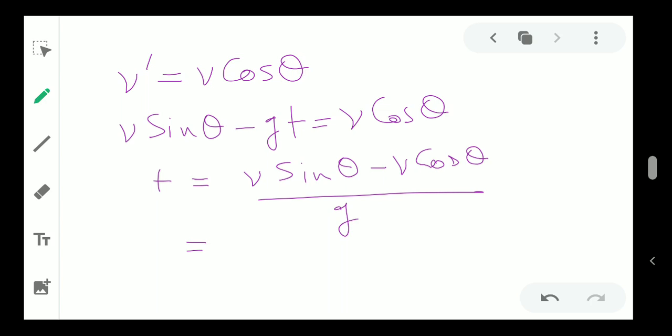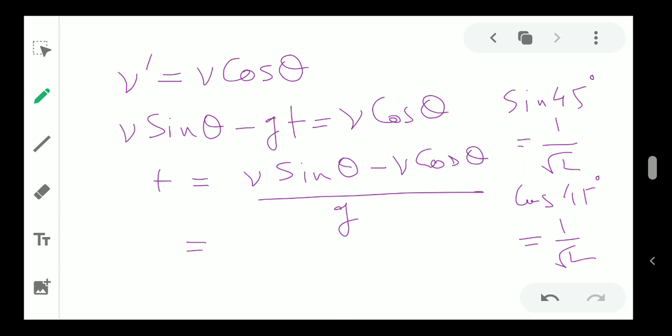Now if we put the value of theta, so what is told, the projectile is projected at an angle 45 degrees, let's say. Now if I put 45 in both cases, you know one thing, that sin 45 is also 1 by root 2 and cos 45 is also 1 by root 2.